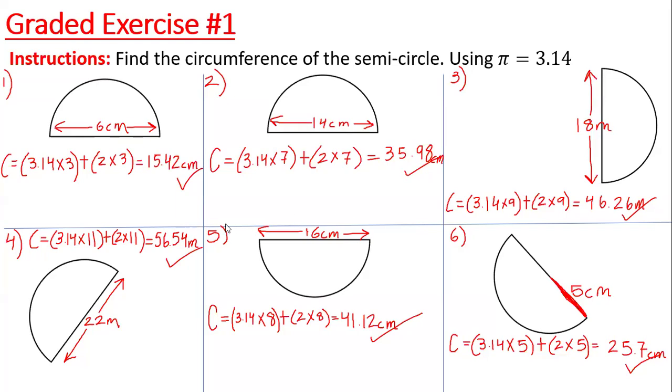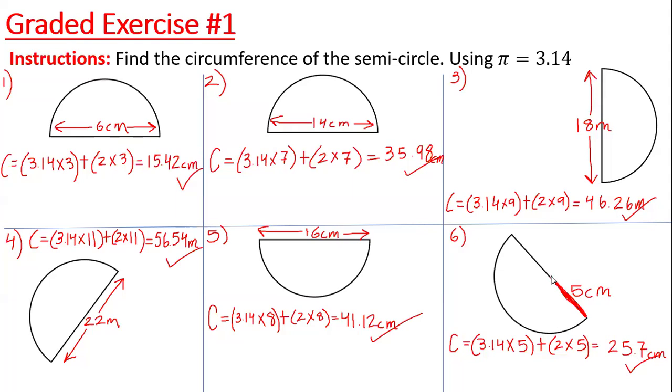For the third one, I got 46.26. For the fourth one, I got 56.54. Anyone else got that? I did. For the fifth one, I got 41.12. And for the last one, I got 25.7.